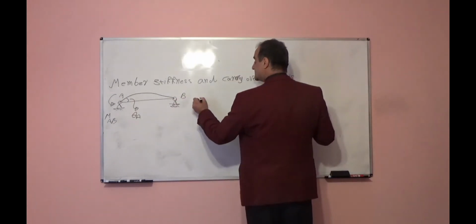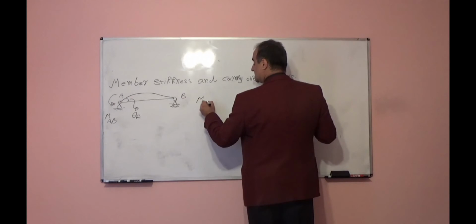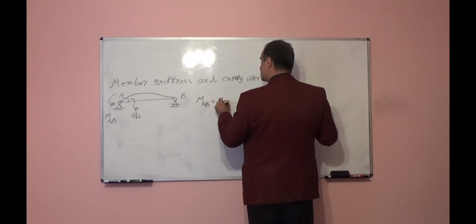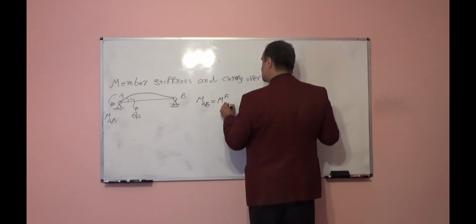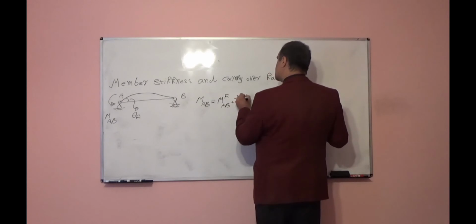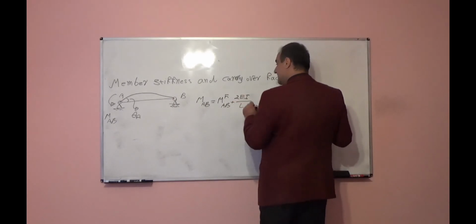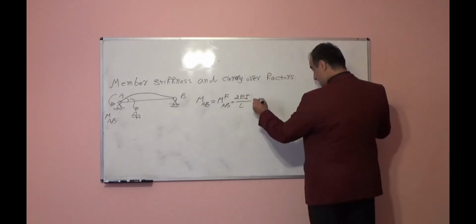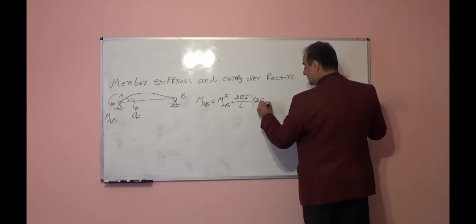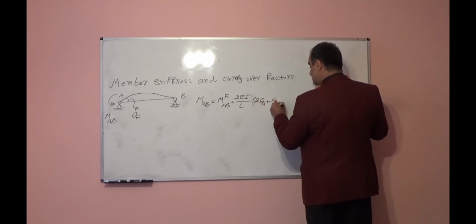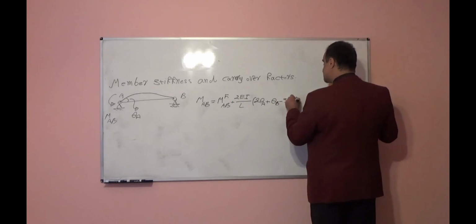If I write the slope deflection formula, MAB is equal to M fixed AB plus 2EI over L times 2 theta A plus theta B minus 3 psi.